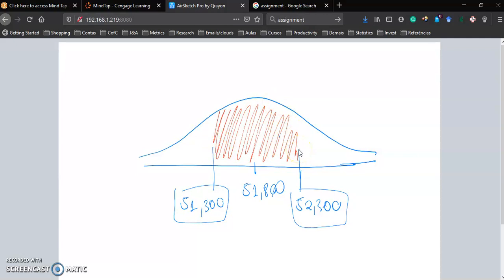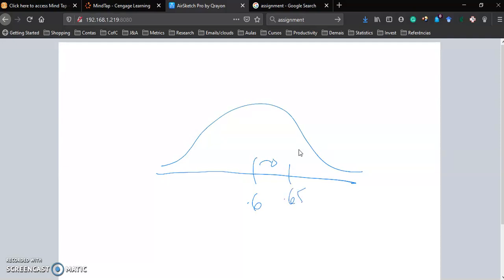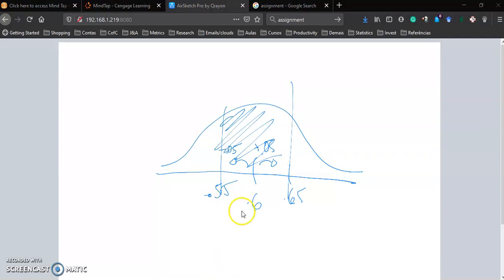Now what we have, as I showed you in the other problem, is 0.6, I add 0.05, and I subtract 0.05, so it's 0.65 and 0.55. So this is the area we're looking for. These are the upper and lower endpoints that I'm talking about here.